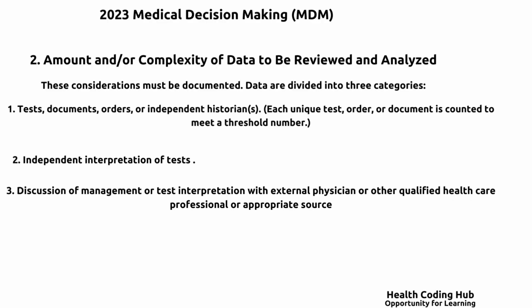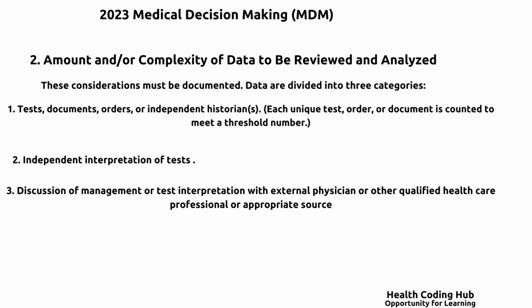Now, for selecting the MDM level, we have the second element, the amount and complexity of data to be reviewed and analyzed. These data include medical records, tests, and other information that must be obtained, ordered, reviewed, and analyzed for the encounter.